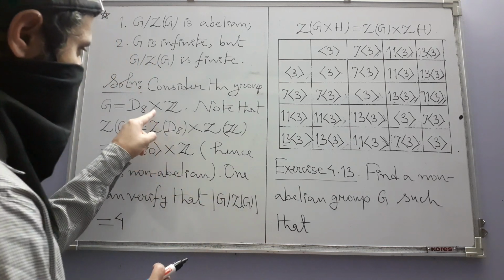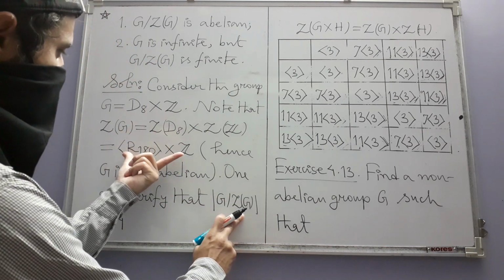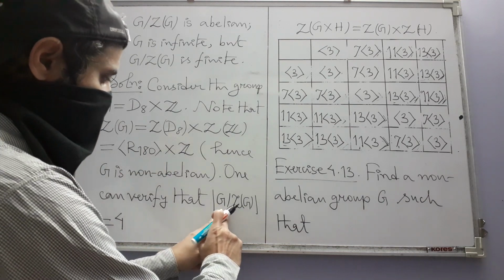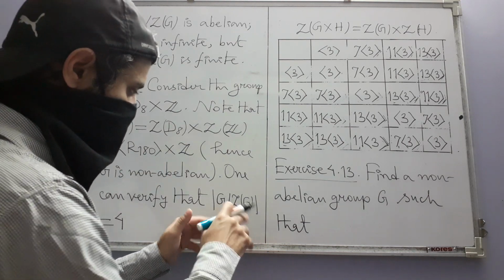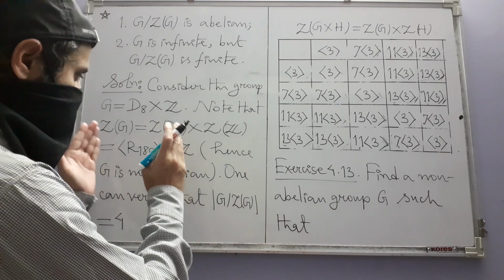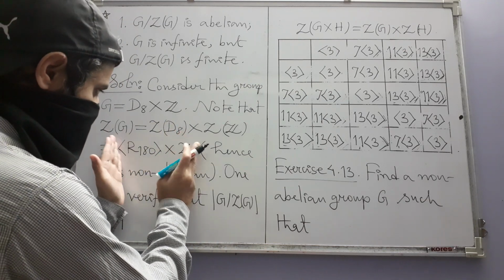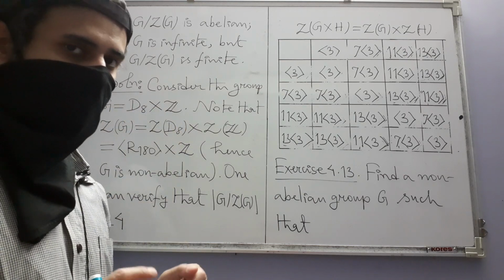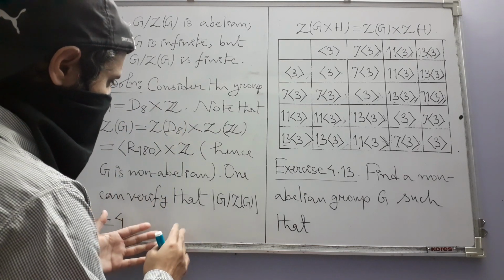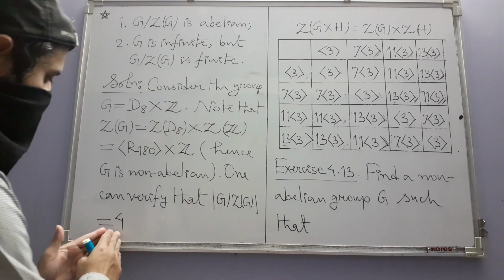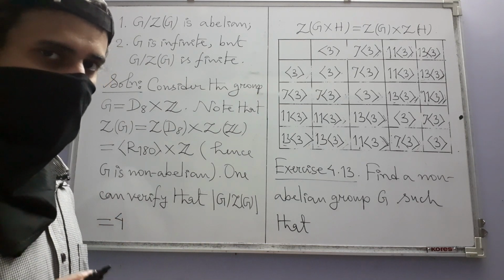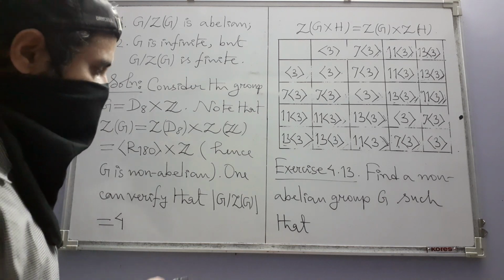Here G is this direct product and its center itself is also a direct product of two groups. So in this factor group, you will be looking at cosets of this subgroup by elements coming from here, and you will have to understand that 4 elements only will be there. Okay, this part I leave to you.